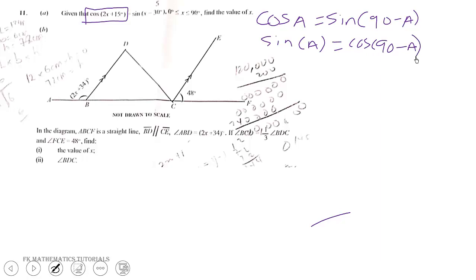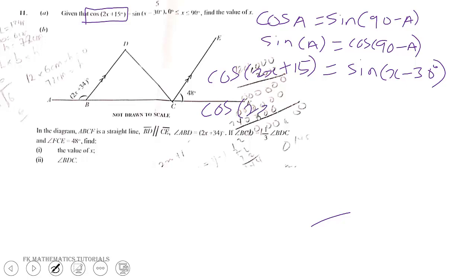So we're given cos 2x plus 15 is equal to sine x minus 30 in degrees. I want to maintain the left hand side, so I'll recopy the same thing.